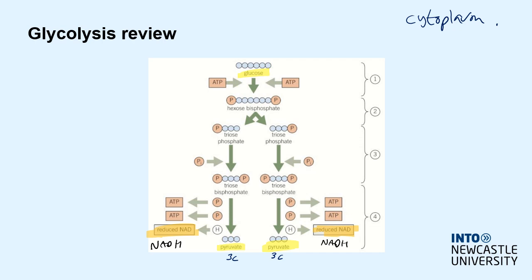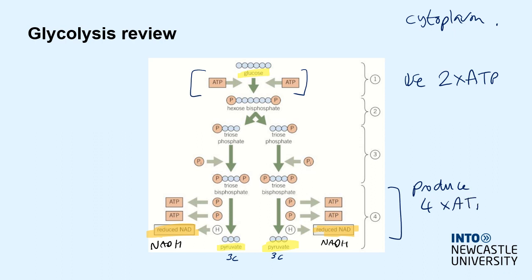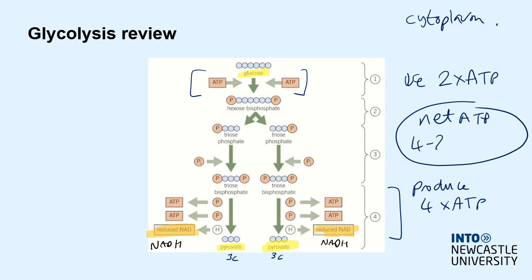The last thing we have produced is ATP. Remember, the initial stages of glycolysis use 2 molecules of ATP, and the later stages produce 4 molecules of ATP. So the net amount of ATP is 4 minus 2, which is 2 molecules of ATP.